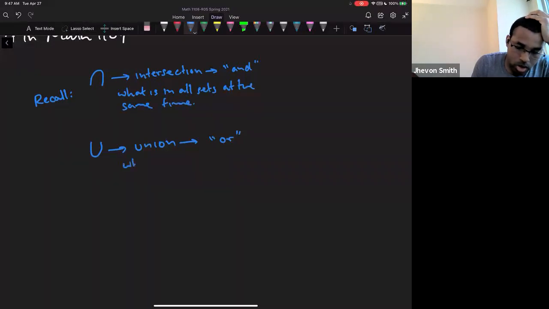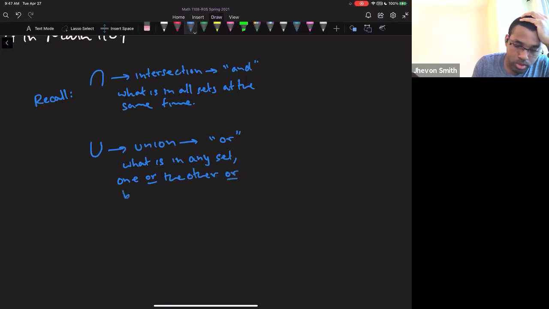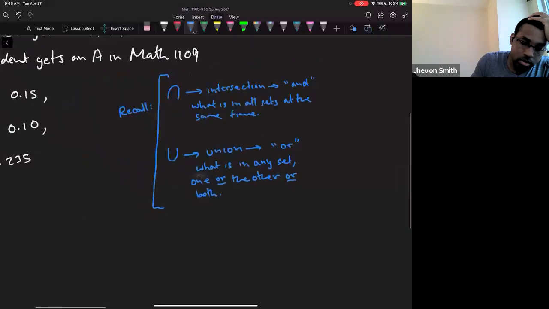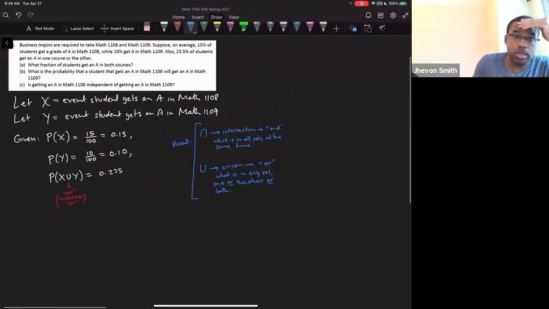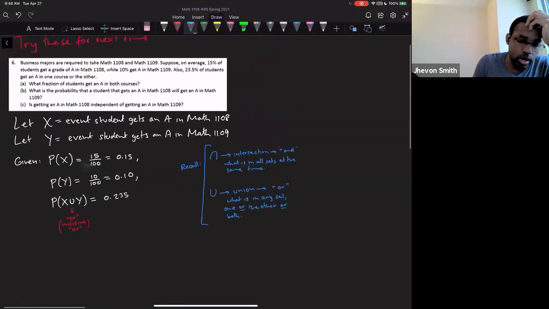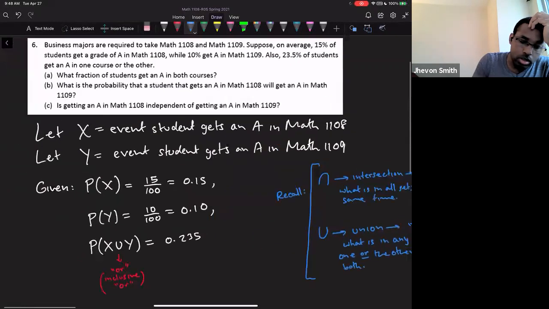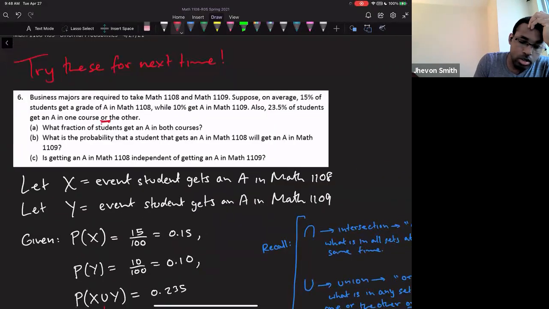And this is what is in any set, one or the other, or both. Right, so that's from set theory, set notation. So that's what it means. So we were told the or here, because you see it says or the other in the question. So that's union.